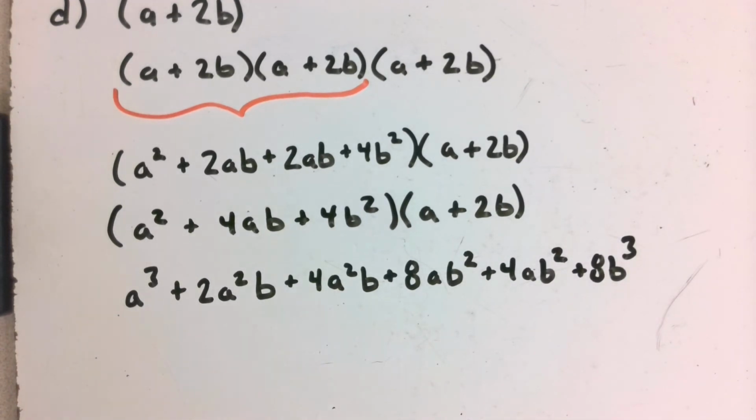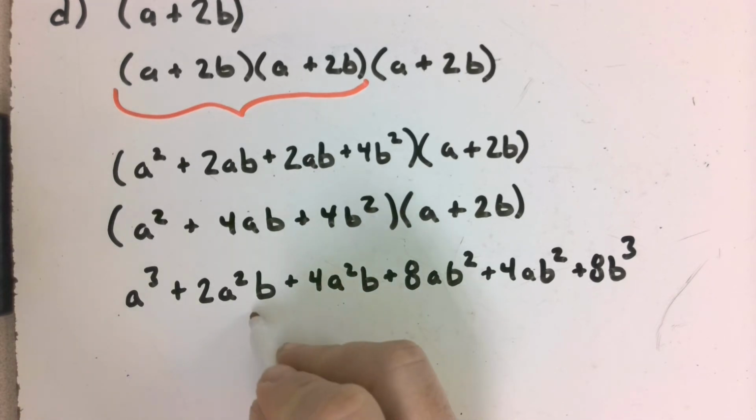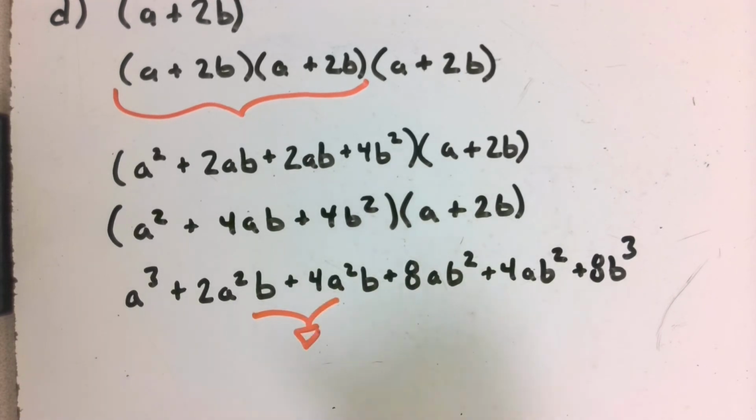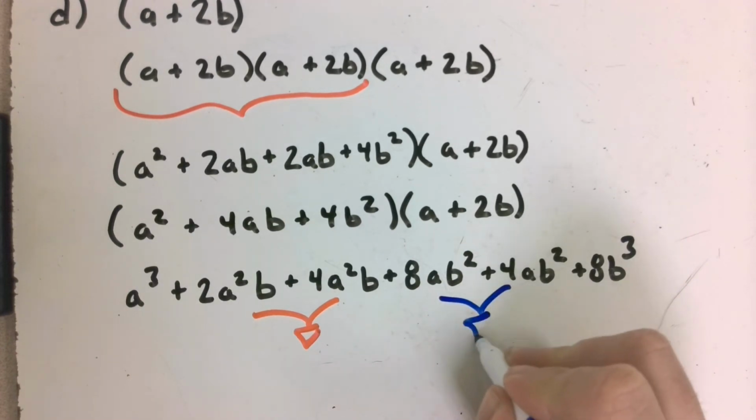If there are any like terms, we do want to combine those together, and we do have a few like terms. We have these 2 here, those are like terms. We have these 2 here, those are like terms.